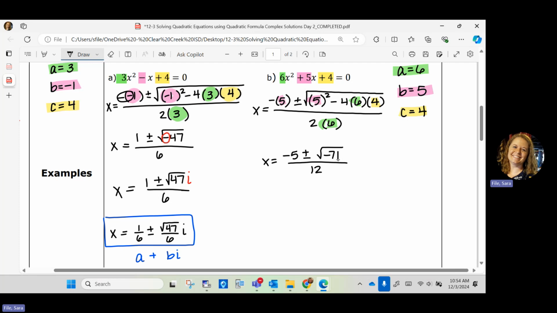Notice that I skipped 2 and 5 because y'all got to know it's only going to be divisible by 2 if it's an even number, and it's only going to be divisible by 5 if it ends in 5 or 0. So you should be able to know if it's going to be divisible by 5 or 2 right off the bat. Okay, so this is a prime number. It's not going to simplify, but that negative is going to come out as an I.